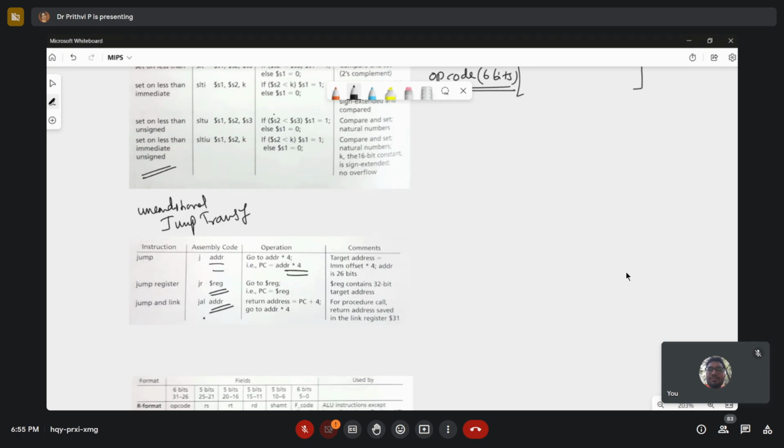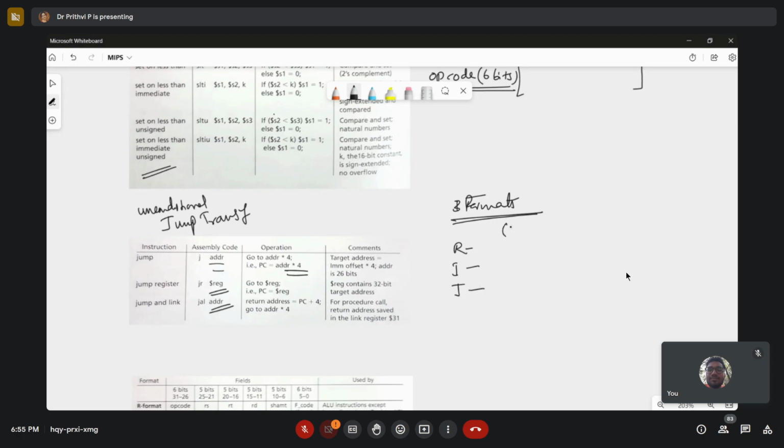Completely all these instructions, your arithmetic, logic, jump or comparison, load or store instructions, everything, we can classify into three formats. What are those formats? The register format, R format, the instruction format, I format, or J format. R, I, and J format.